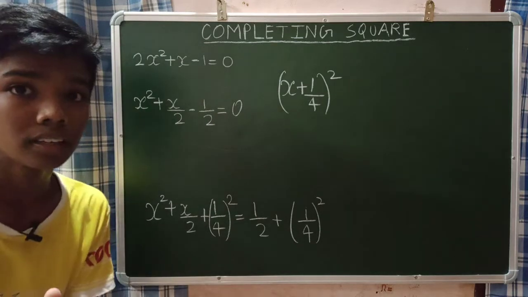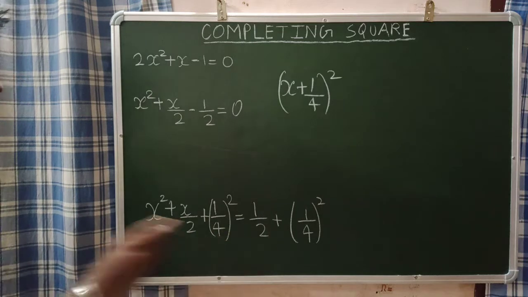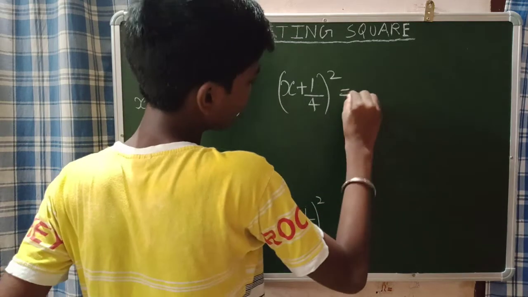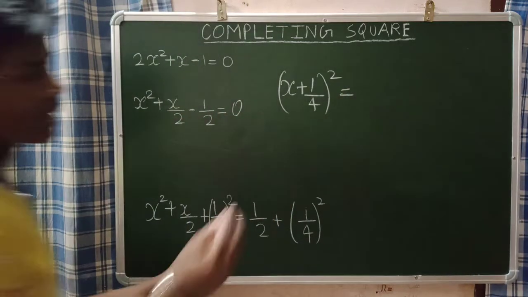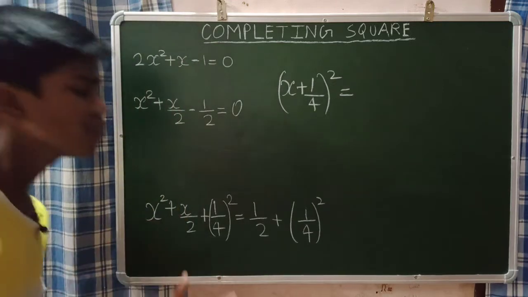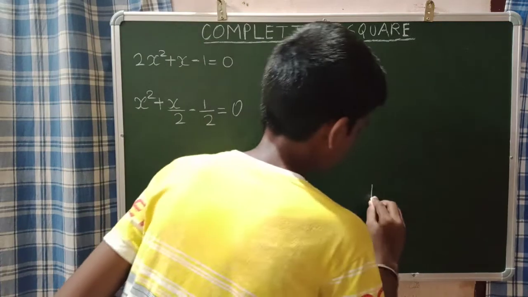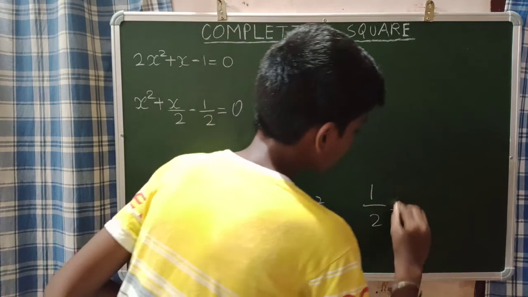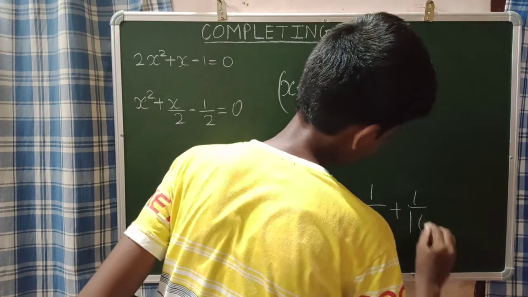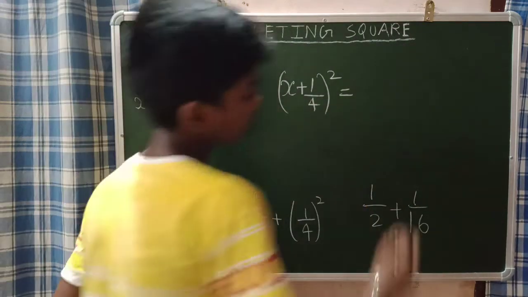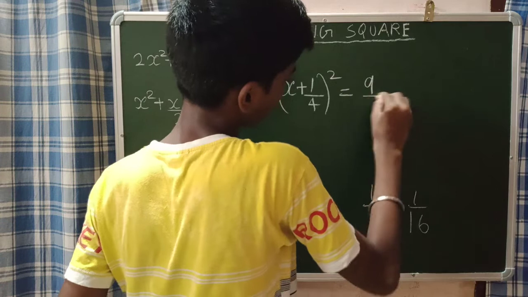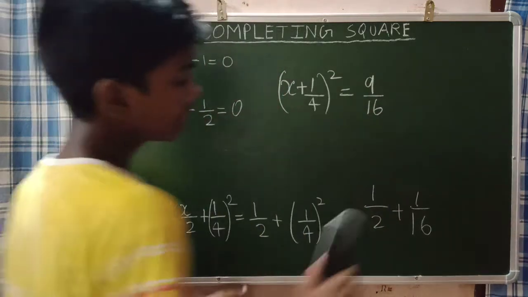It's very simple. Now in the right hand side, when you simplify, what you will get is 1 by 2 plus (1 by 4) whole square, which is nothing but 1 by 2 plus 1 by 16, which is nothing but 9 by 16. Just simplified the right hand side.